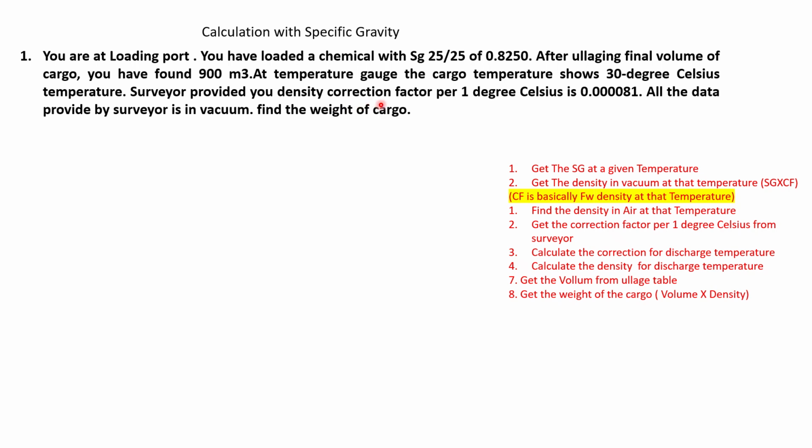The surveyor provided the density correction factor per 1 degree Celsius as 0.000081, right? And all the data is given in vacuum. You need to find the weight of the cargo, right? So why are we considering weight? Because volume, we get the volume from the ullage table, and volume can go up and down due to the temperature, but weight will not go up and down.